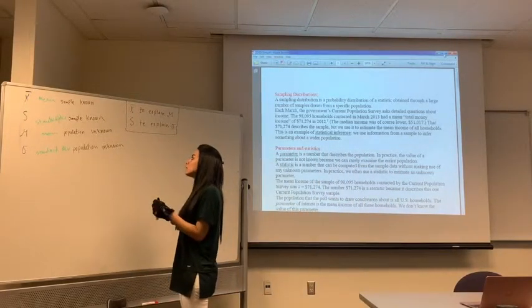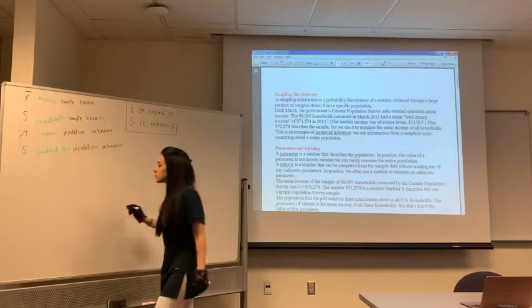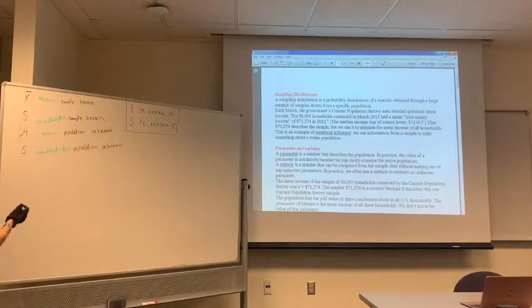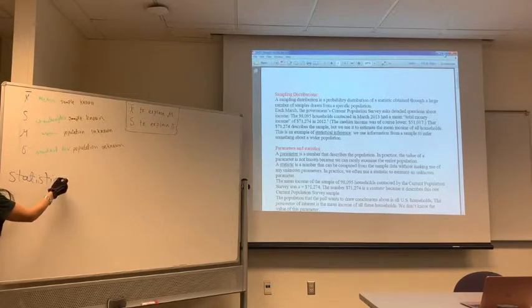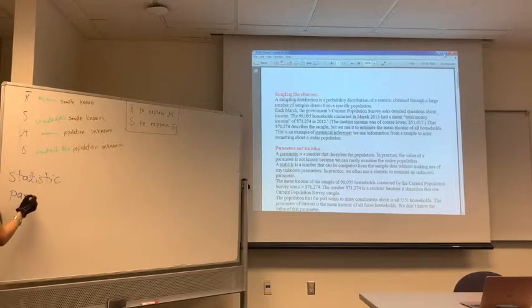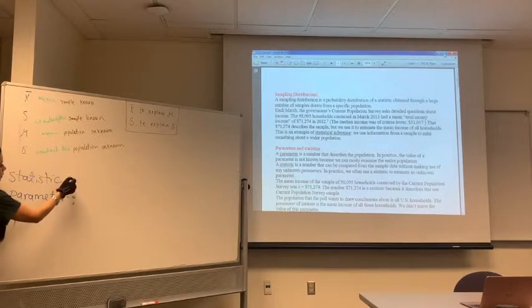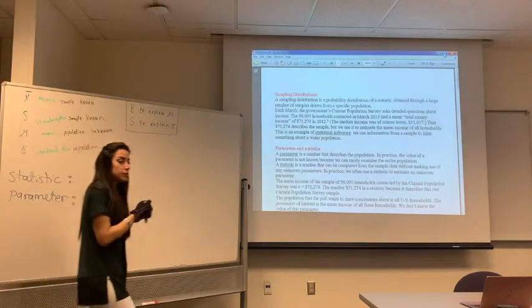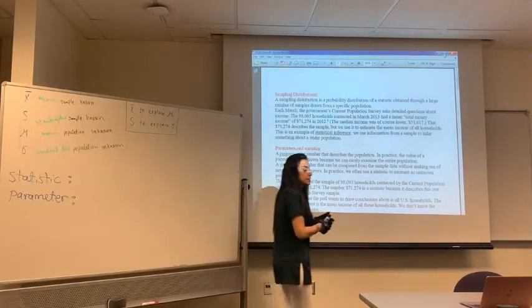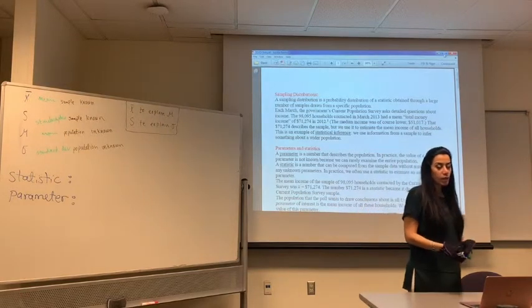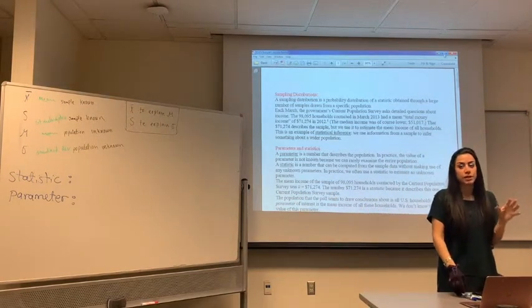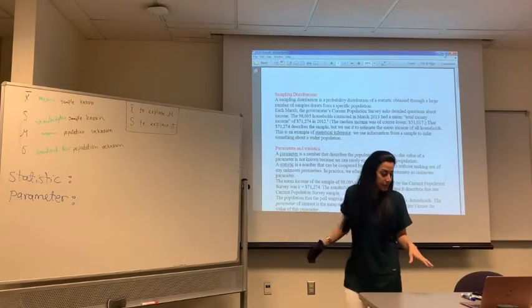So now, there are two terms that we are going to talk about: statistic and parameter. A statistic is information which comes from a sample.